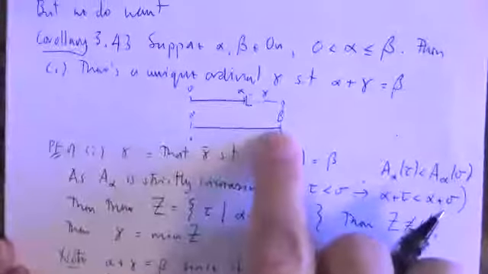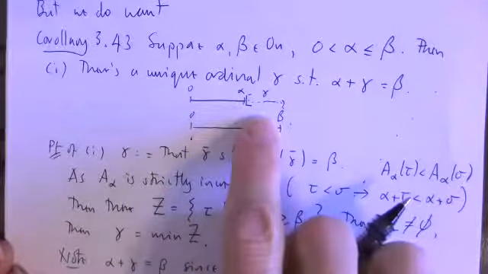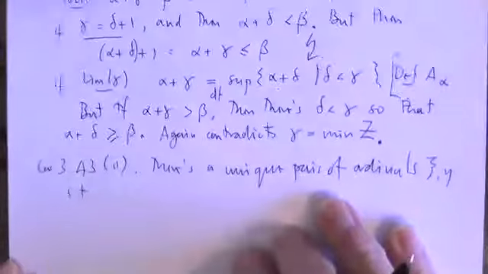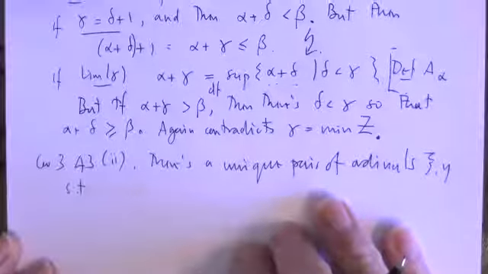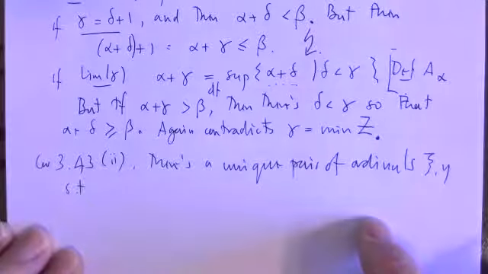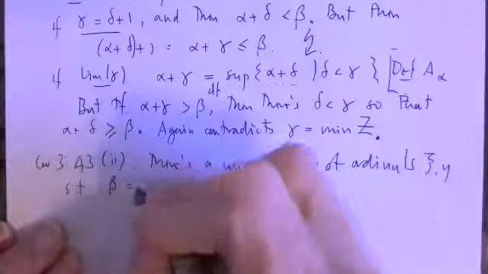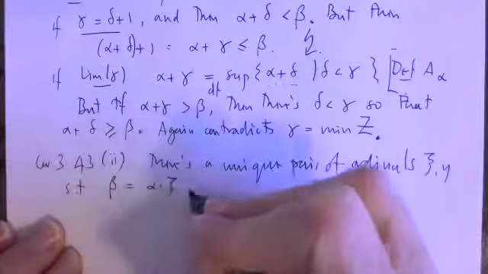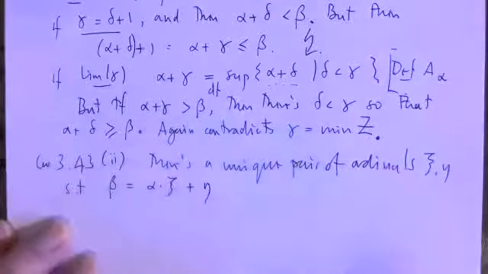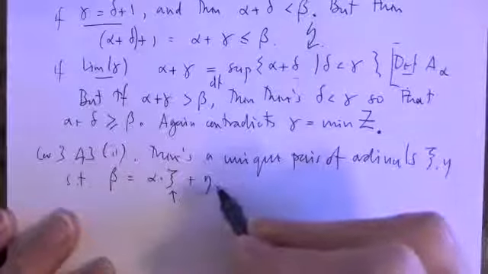So now what I'm going to say is that beta, I can think of it as so many multiples of alpha plus a remainder, just like a kind of division algorithm. So there's a unique pair of ordinals, psi and eta, so that I can think of the larger beta as psi multiples of alpha plus this remainder. So this is a sort of quotient, and this is a remainder.